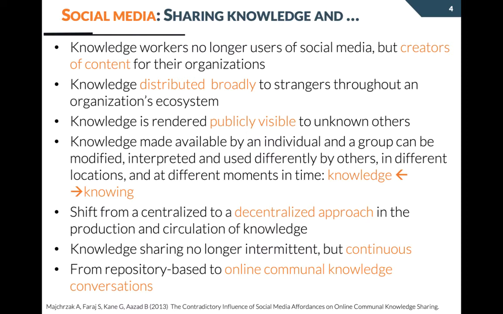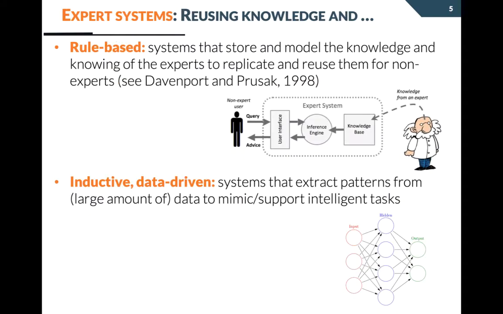One of the other types of systems that I think are important to discuss in relation to knowledge management are expert systems. Of course, here you have the Davenport and Prusak chapter where they talk about expert systems.